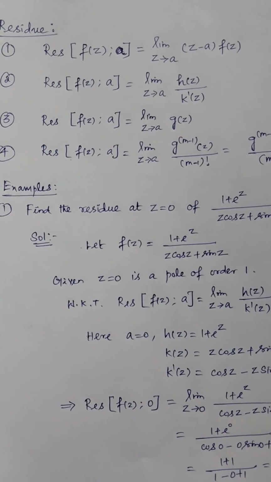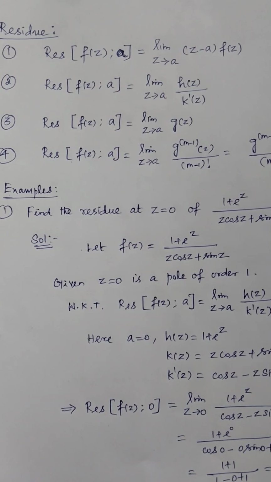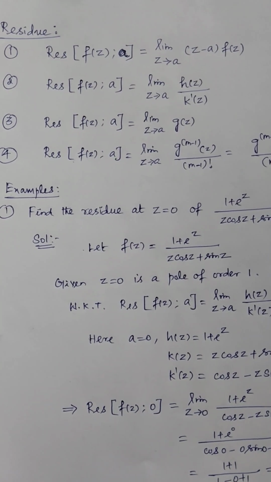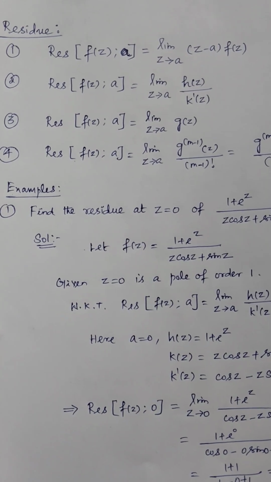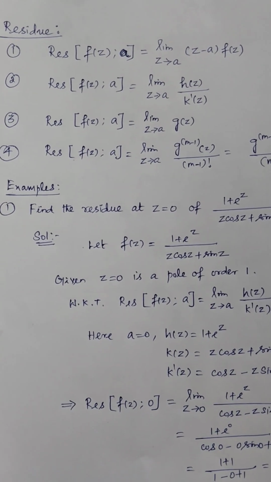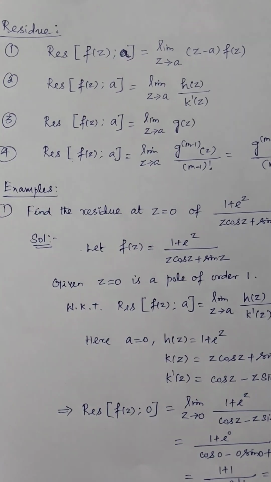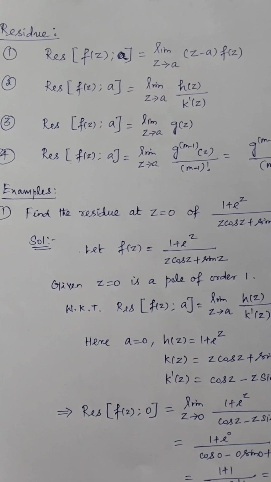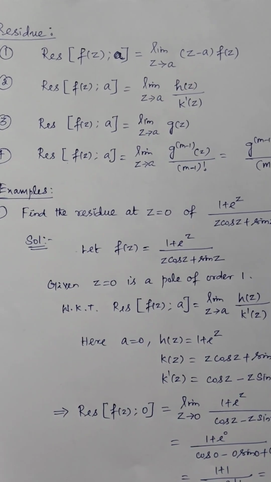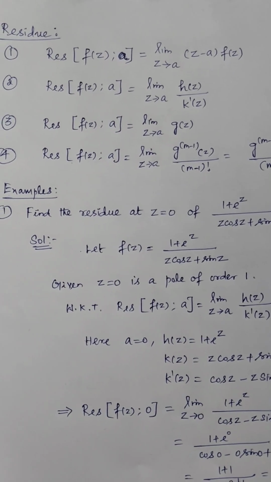And the second one: residue of f of z at the pole a is equal to limit z tends to a of h of z divided by k dash of z. And the third one: residue of f of z at the pole a is equal to limit z tends to a of g of z.